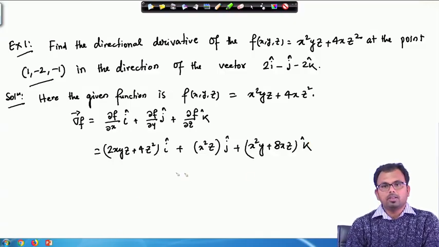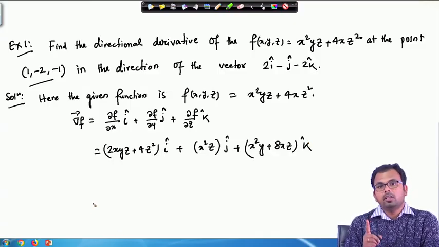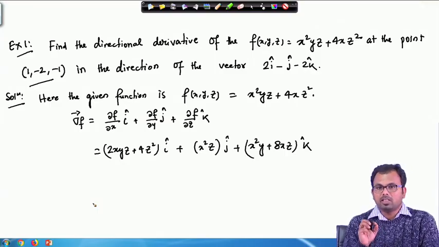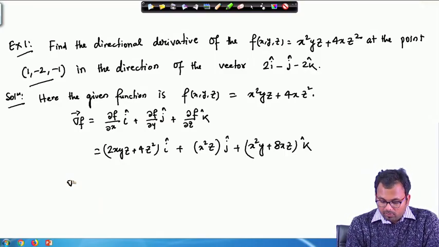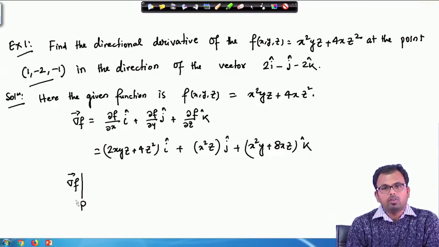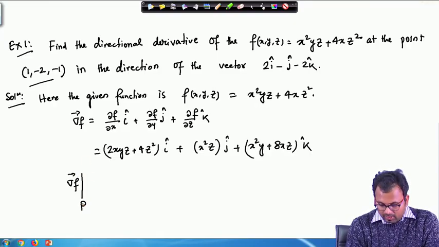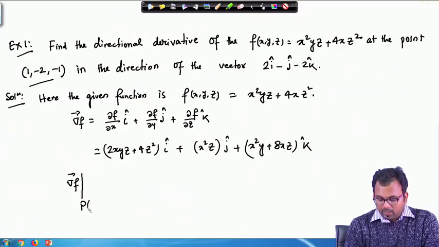So that's our gradient of f, but we need to calculate the gradient of the function at the point p, because that's where we are calculating the directional derivative. What is the value of the gradient of f at the point p, where p is (1, -2, -1)?